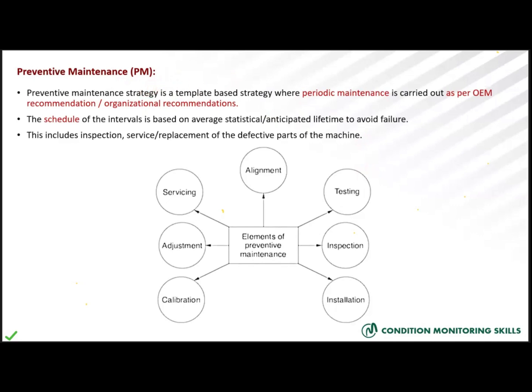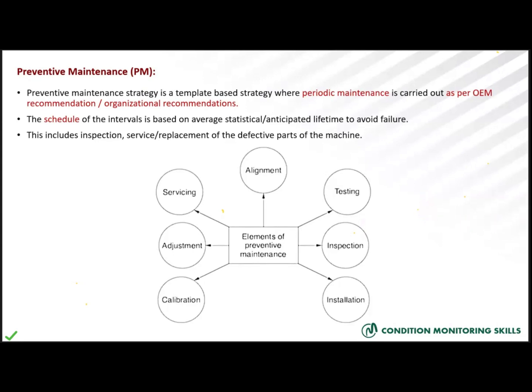So what is the goal of such maintenance? The goal is to prevent unexpected breakdowns and extend the equipment lifetime. Before the failure happens, based on experience, some interpretations and some statistics, we will do the maintenance action at this date or after these running hours and so on.